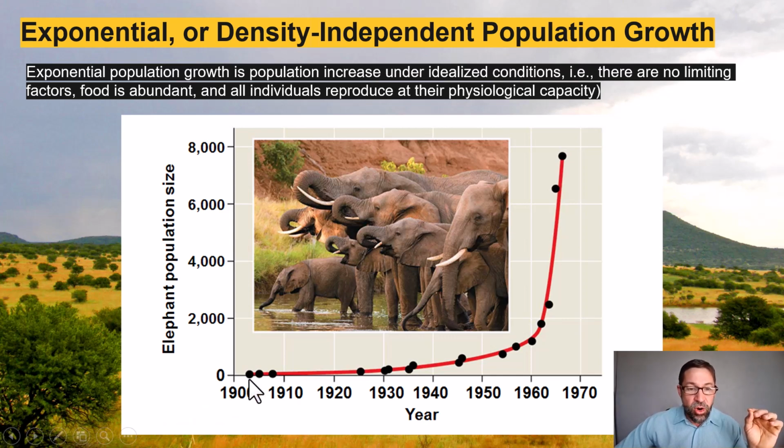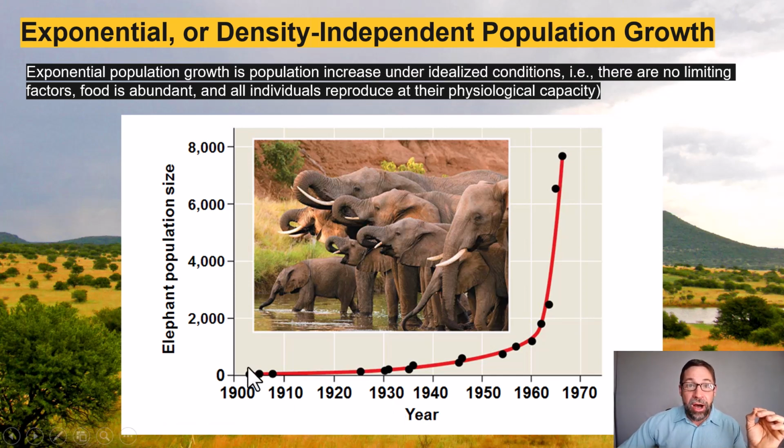In 1905, there were reported only 10 elephants within the park boundaries. But in this newly established park, they were protected from hunting. They had the whole park to themselves, lots of trees to eat, and no competition from other elephants.